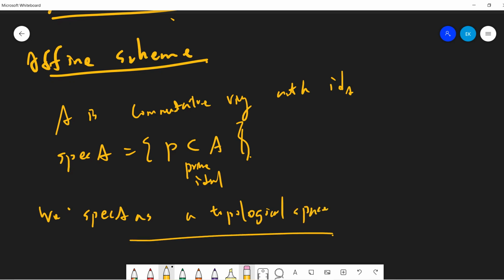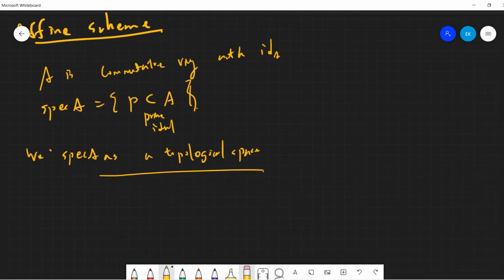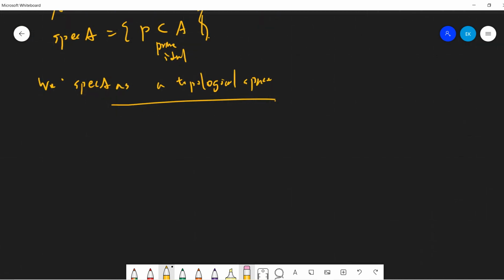Not only that, we will see that we will attach a sheaf on it. So Spec A is a topological space, and we want to give the open sets, or I should say the basis.